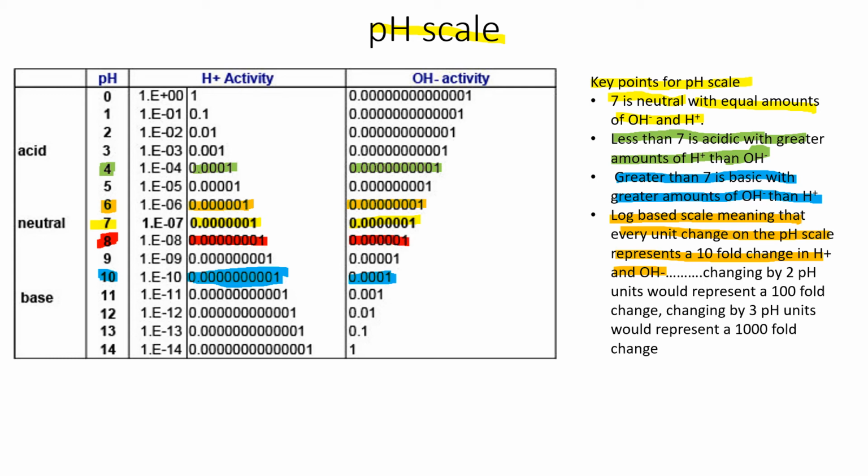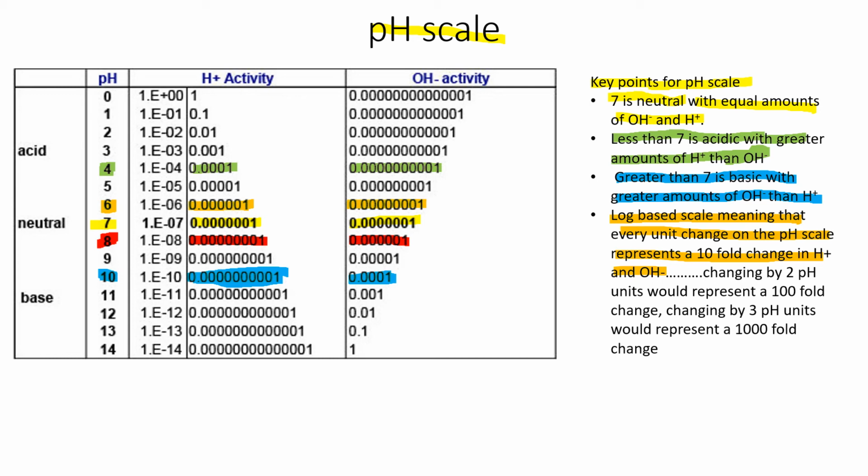Comparing pH 8 to pH 7, pH 8 has 10 times more OH minus. So every time you move one unit on the pH scale, you're changing the amount of H plus and OH minus by a factor of 10. And this is multiplicative, not additive.